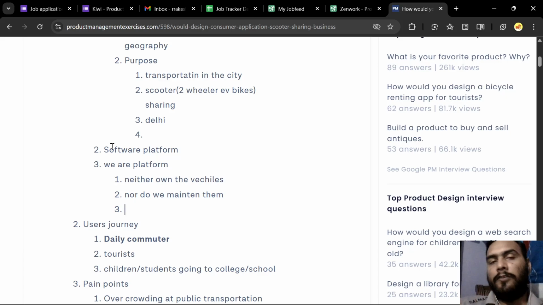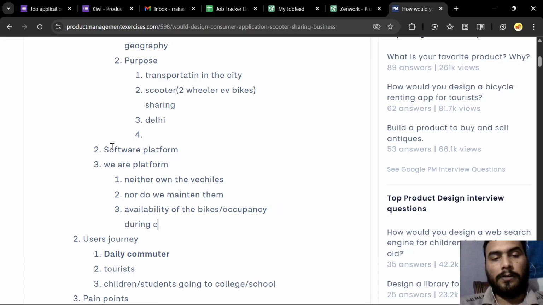And since we do not own the bikes, we do not maintain or look after them. So what we provide is the occupancy or the availability of the bikes. So as a platform, we only provide the availability or occupancy of the bikes during critical hours.